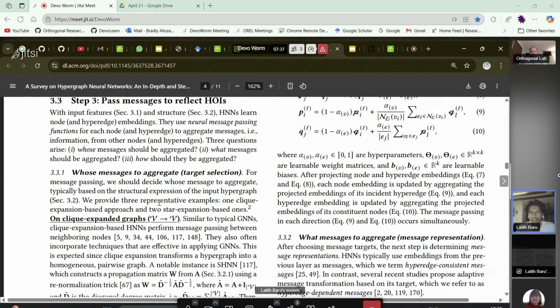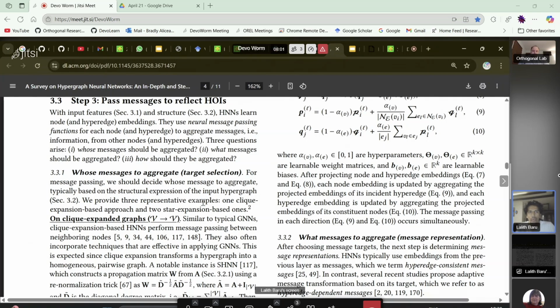That is target selection. Target, in the sense of which set of nodes, so that we aggregate this set of messages. For message passing, we generally decide which messages to aggregate based on the structural expression of the hypergraph that we have, and the representation given. Suppose we take an example of clique expansion.